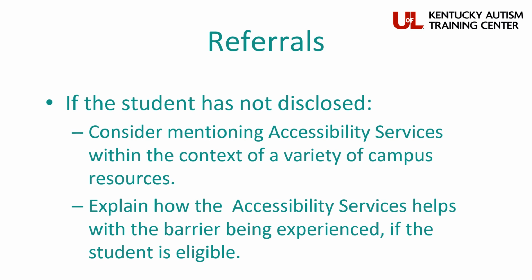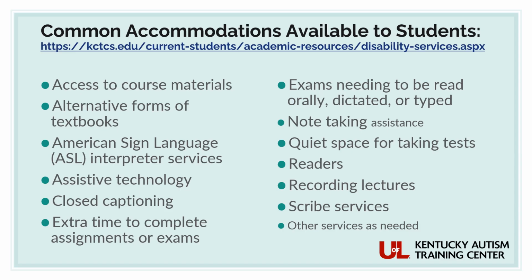You may mention the Accessibility Service Office within that, and then use that opportunity to explain how the Accessibility Service Office can help with the barriers that they're experiencing if the student is eligible, because of course you can't guarantee that they would be eligible.